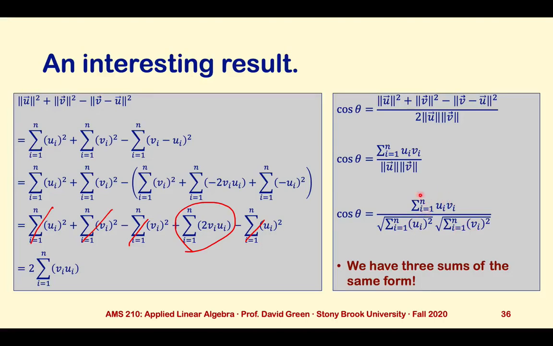A sum over all of the elements, ui times vi, a sum over all of the elements of ui times itself, a sum over all of the elements, vi times itself. These are all sums over all of the elements of a product of corresponding elements of two vectors, where in the numerator there are two different vectors, and in the other two terms the vectors are both u or both v.